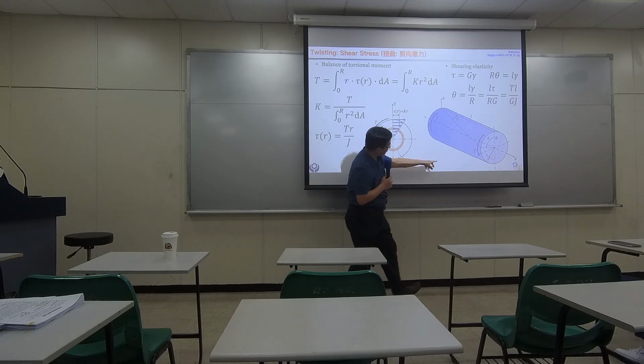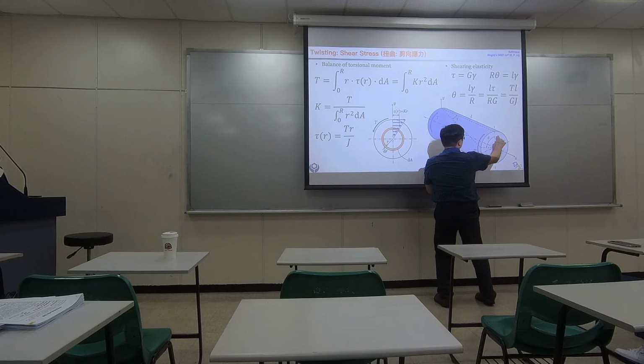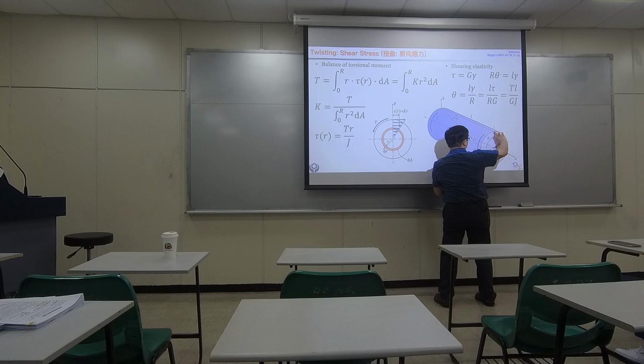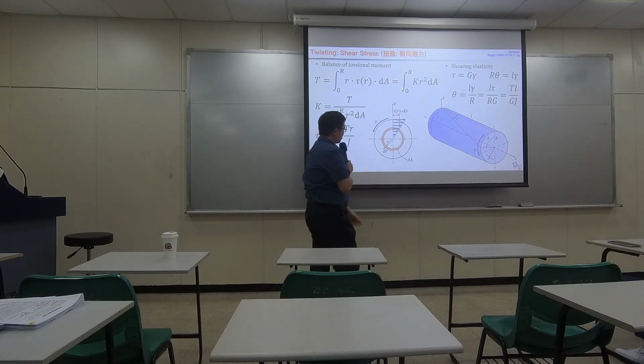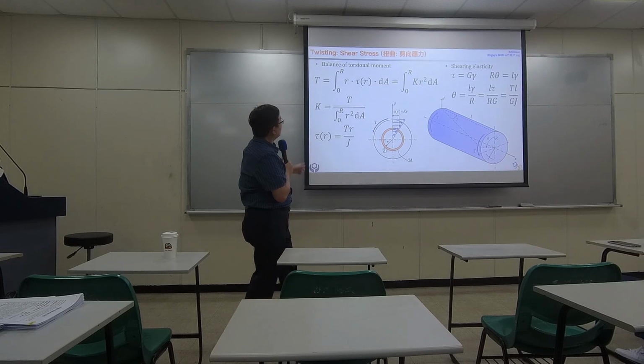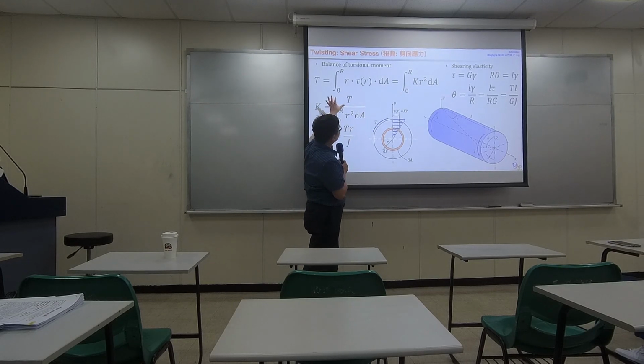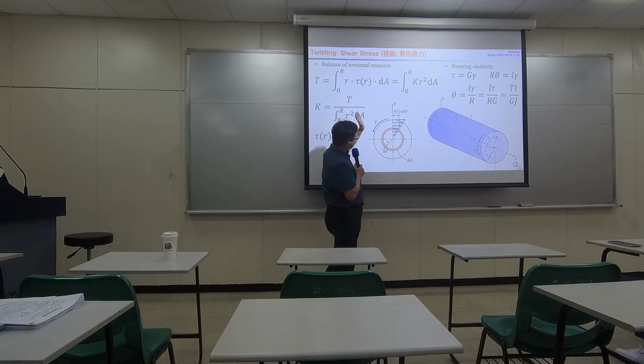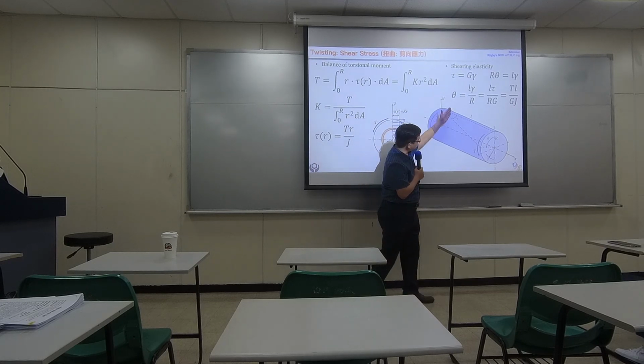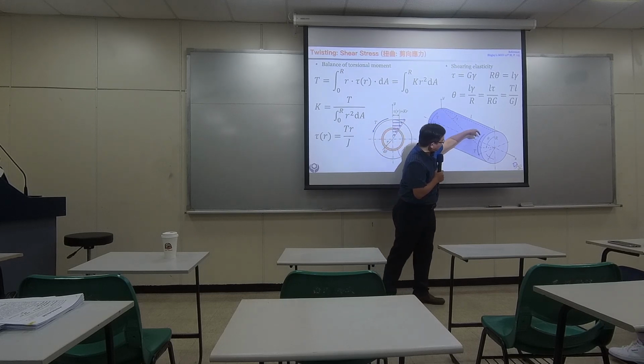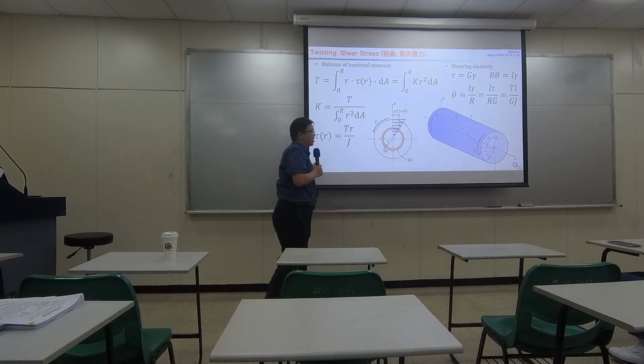Okay, so this r represents the radius of the cylinder, and this is capitalized R. Overall, that's the total torque generated at the cross section, fighting against the torque that you generated from outside.